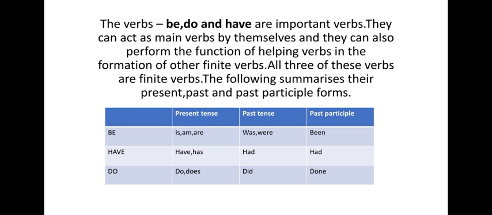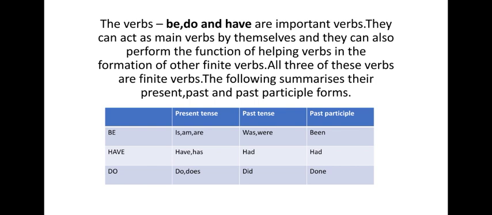When I say present tense, students, remember I told you when we were conducting our physical class what is the verb's first form, second form, and third form. The first form of the verb is the present tense, the second form is the past tense, and the third form is your past participle. So remember this.